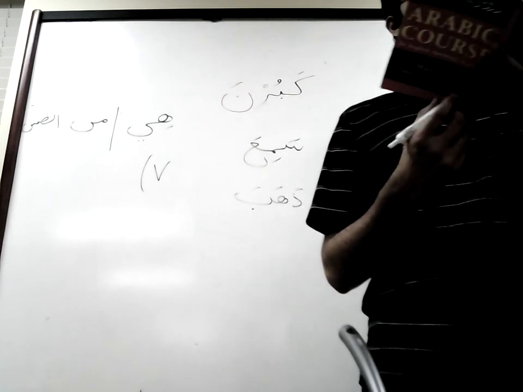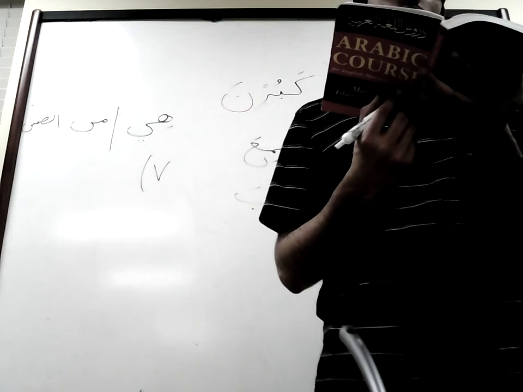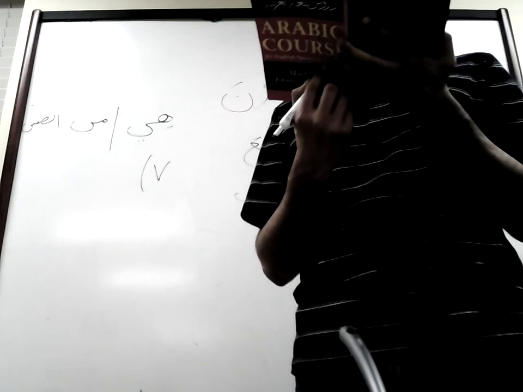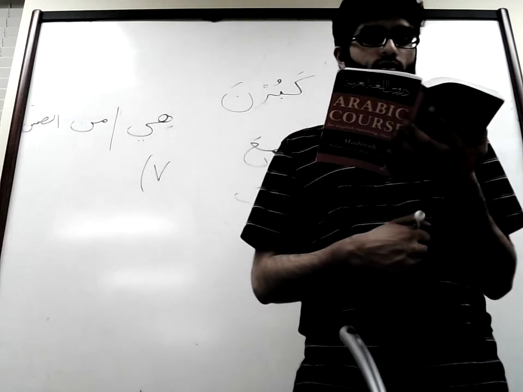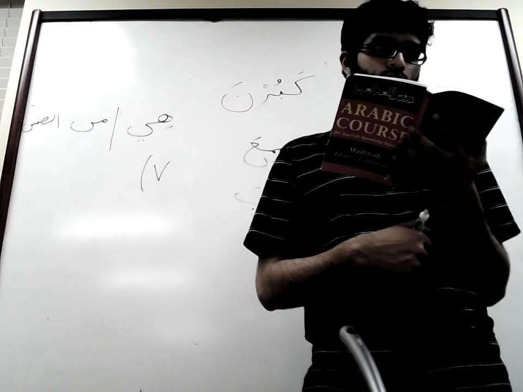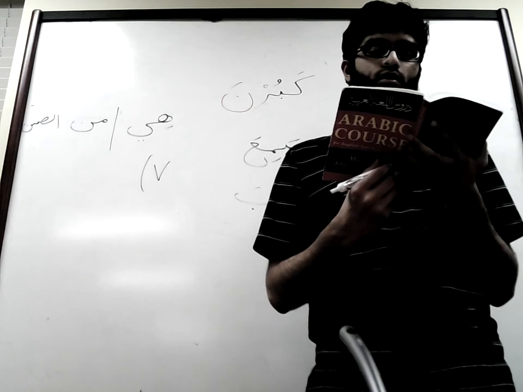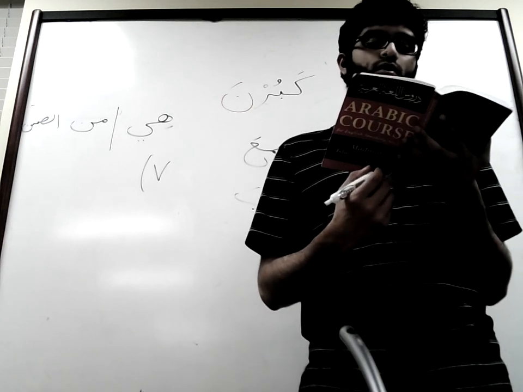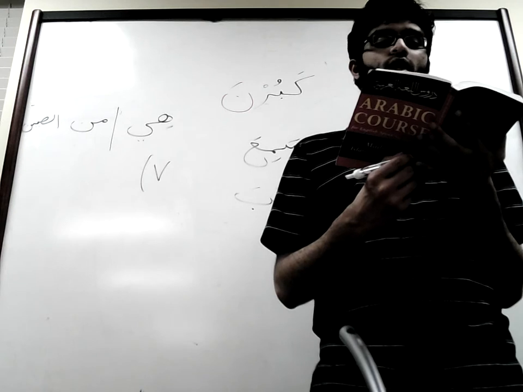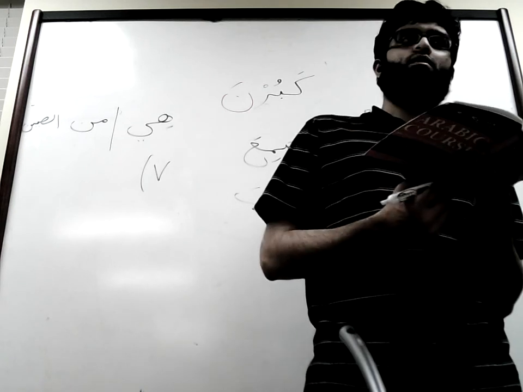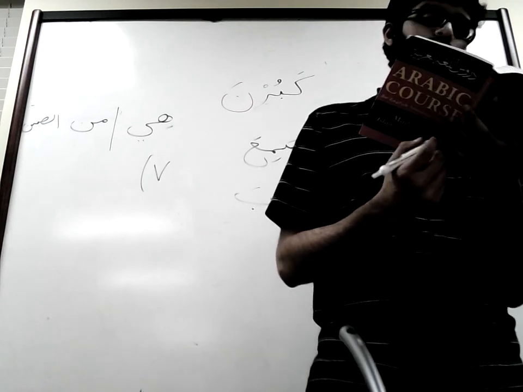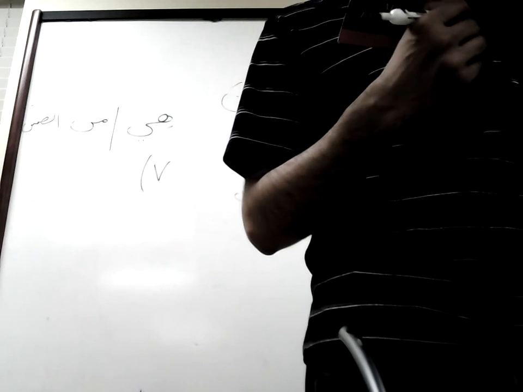Married, right? Zawj, it's from zawj, like spouse. Mutazawwij means married. متزوج أنت أم عزب. What's عزب? Bachelor, not married. Are you married or a bachelor?